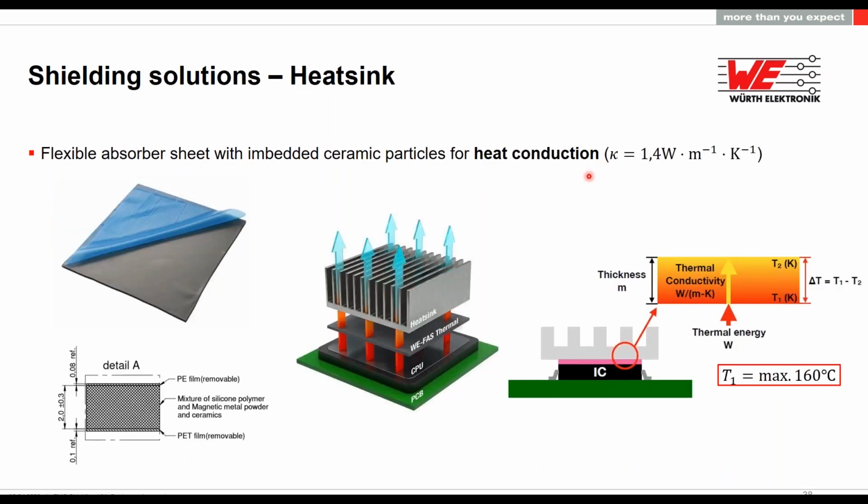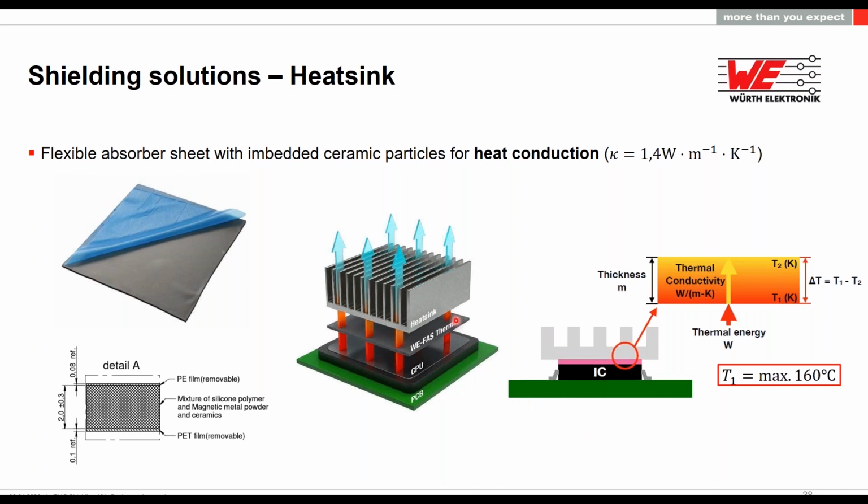And a special case is this one. This is a similar material to the first one with the absorber sheets, but it has some ceramic particles embedded inside for heat conduction. So, for example, in this case, we said that heat sinks can behave like an antenna, because they can create parasitic capacitance in connections through the air with the PCB.